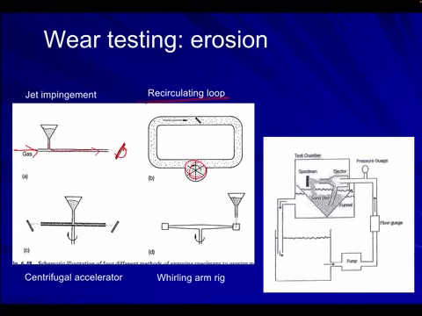Over here the particles move in that direction. Or you've got sand coming in from the top and this surface just spinning around, or maybe the sand is only on the ends and you spin it like that. So, whirling arm rig or centrifugal accelerator.